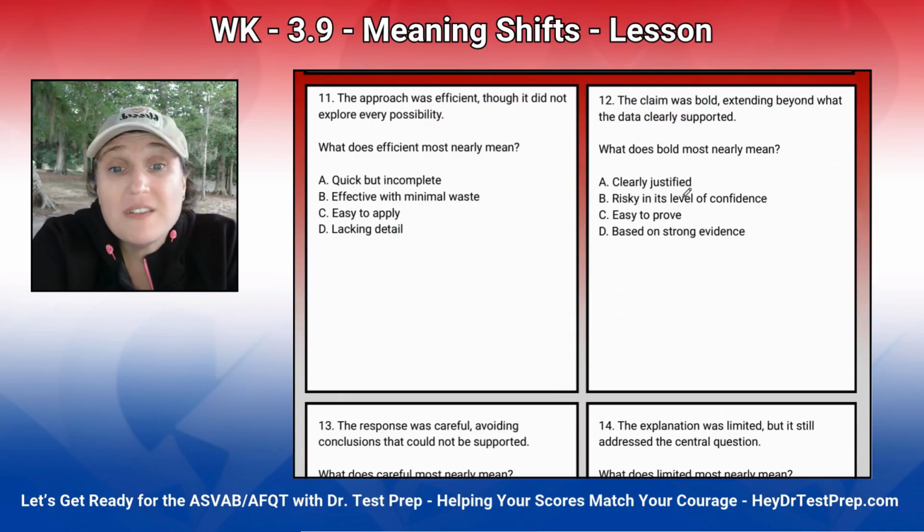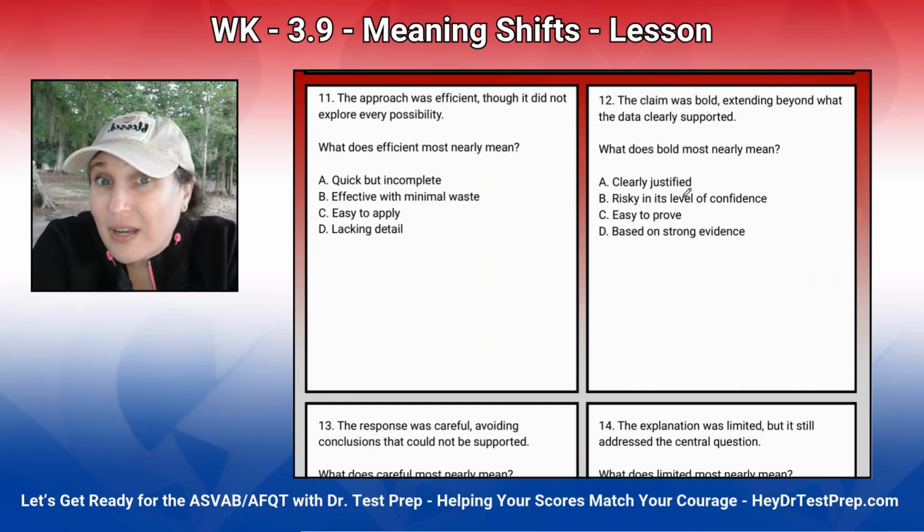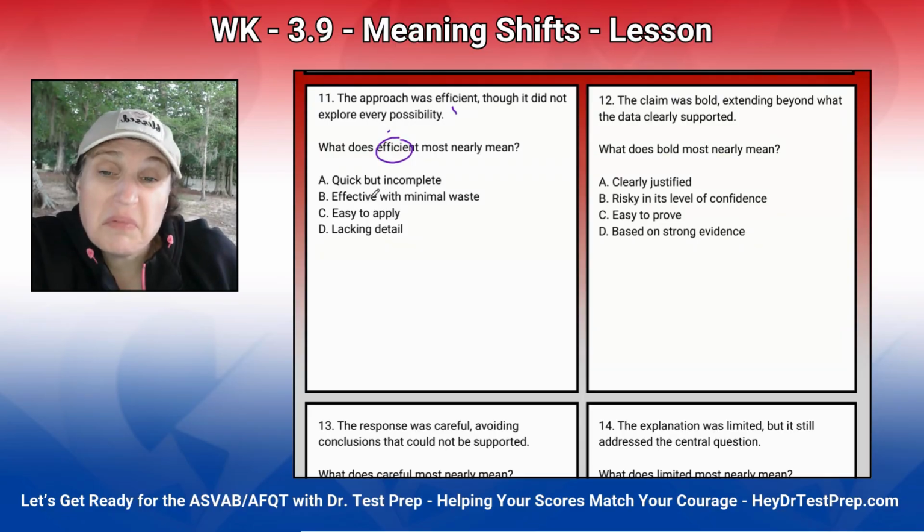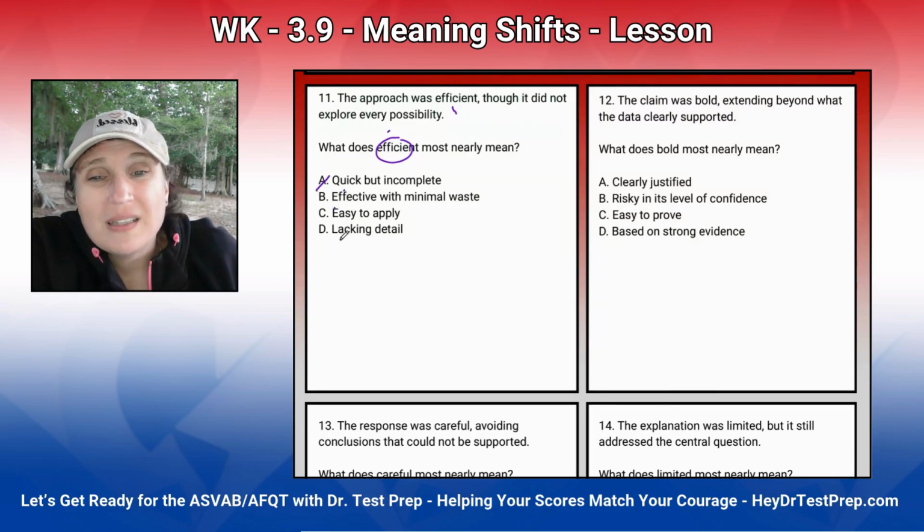The approach was efficient, though it did not explore every possibility. Efficient. So if something was efficient, it was okay. Quick, no. Effective with minimal waste. Lacking detail, easy to apply. I would lean toward this one.